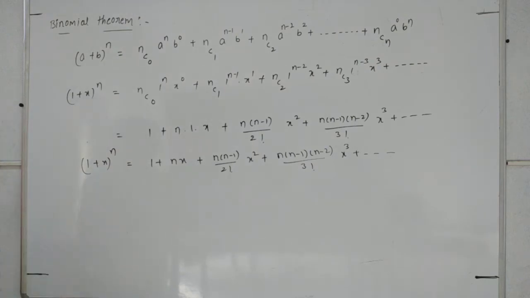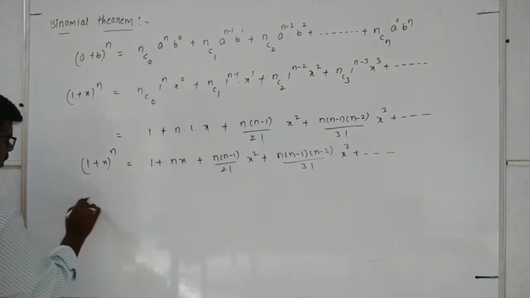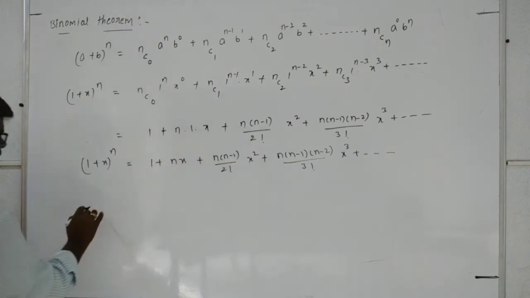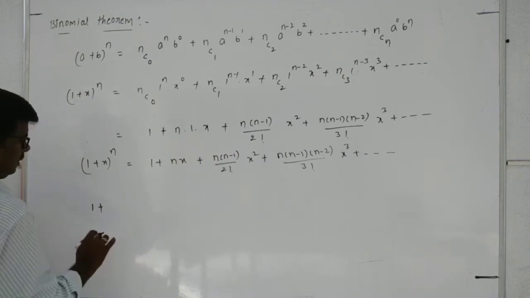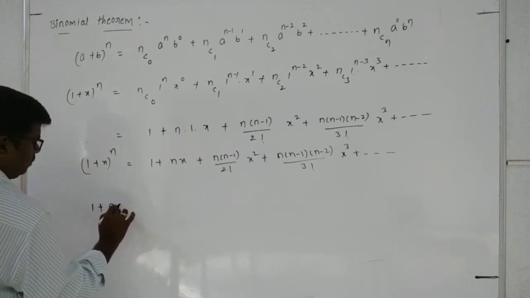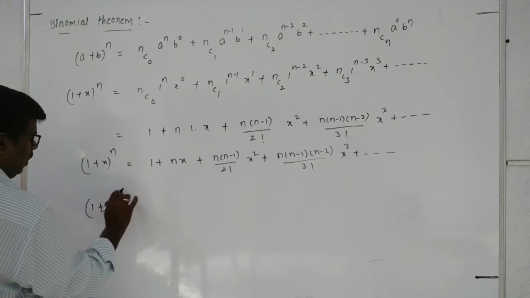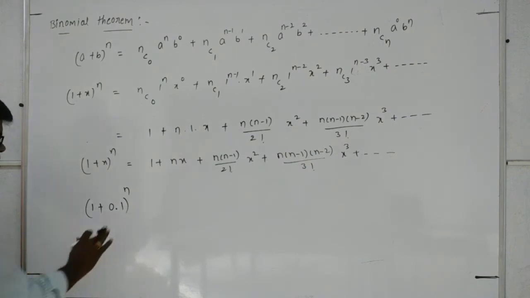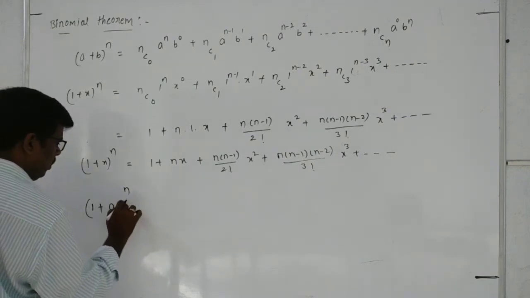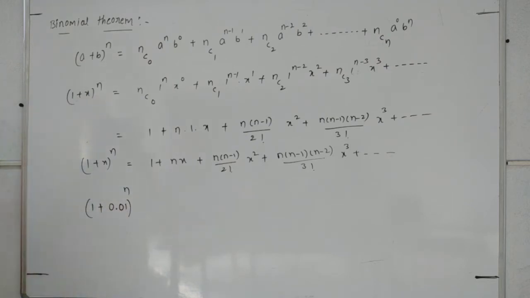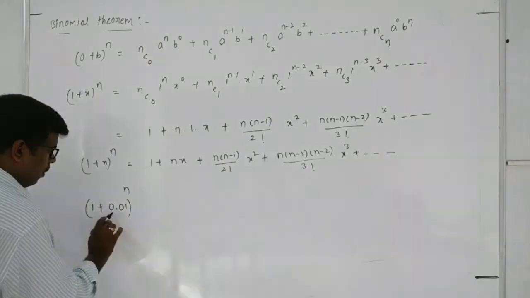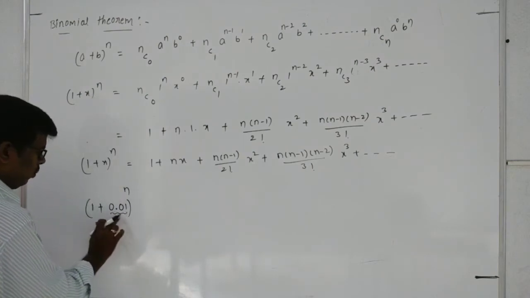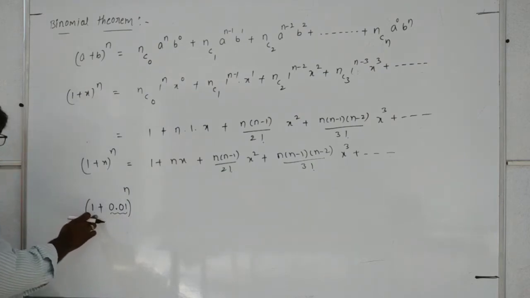Now I am asking a simple question: if I take (1 plus 0.01) whole power n, what I have taken here in the place of x is 0.01.